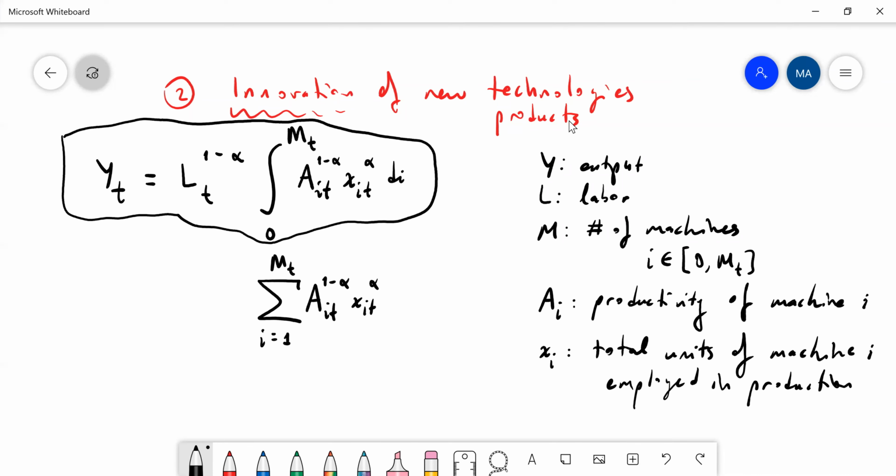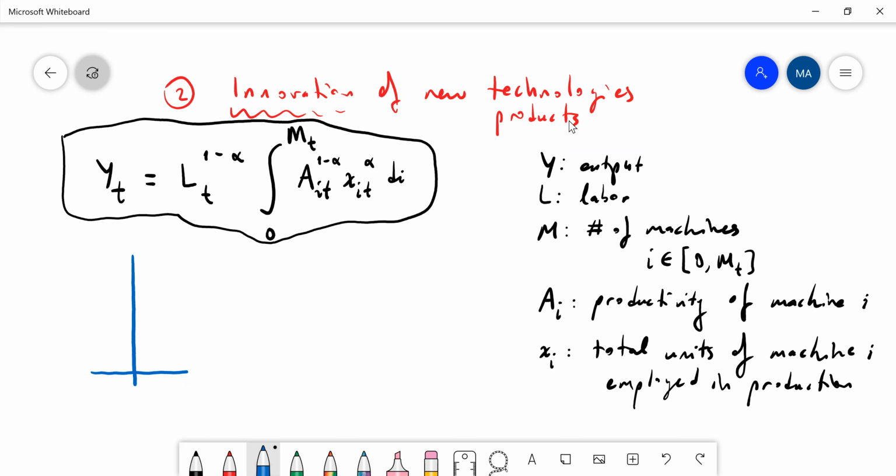Now, within such a framework, what is technological progress? Let me use this area for the figure. We understand technological progress or innovation in 2 dimensions. On the horizontal dimension, we have the machines themselves, and on the vertical dimension, we have the productivity levels.